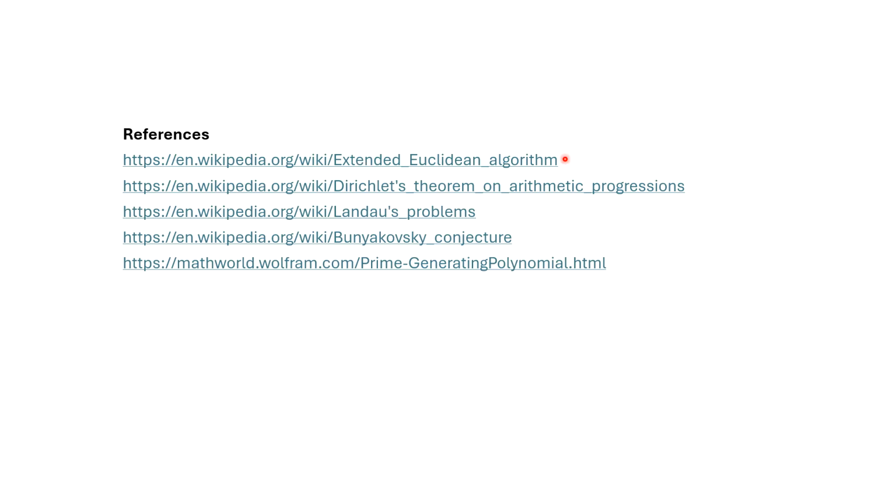So there's a nice Wikipedia article that gives an example of that. Then the Dirichlet, Landau, and Bunyakovsky problems. There's also Wikipedia articles on those. And then the last thing we just talked about was the multiple variables. There's a Wolfram article, prime generating polynomial, and I'll give you that reference too.